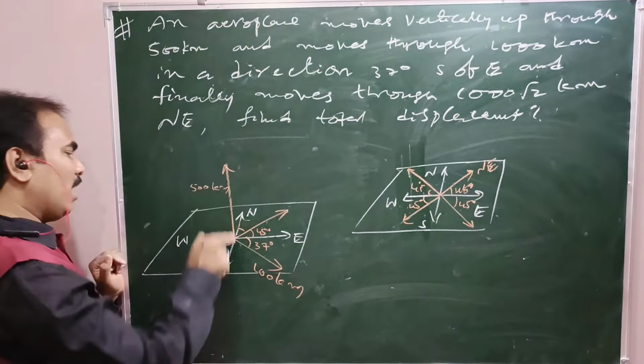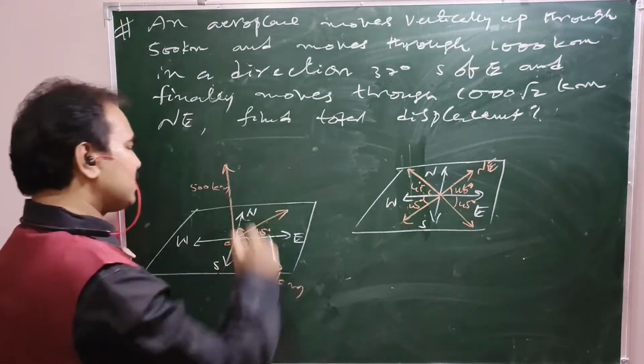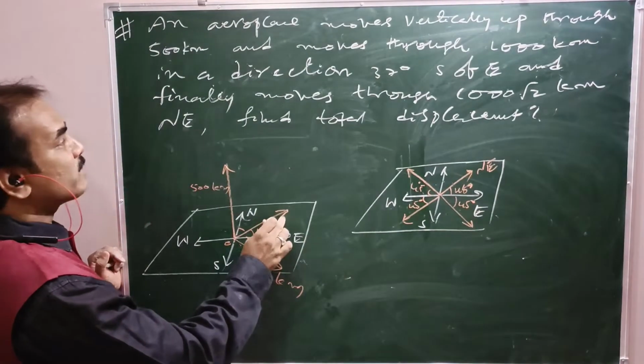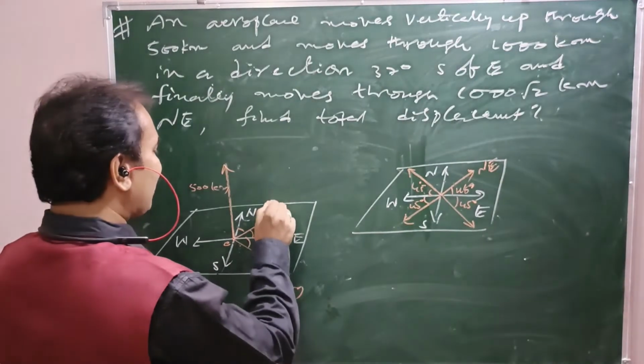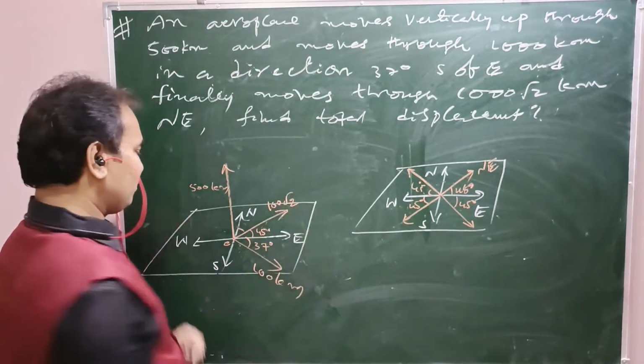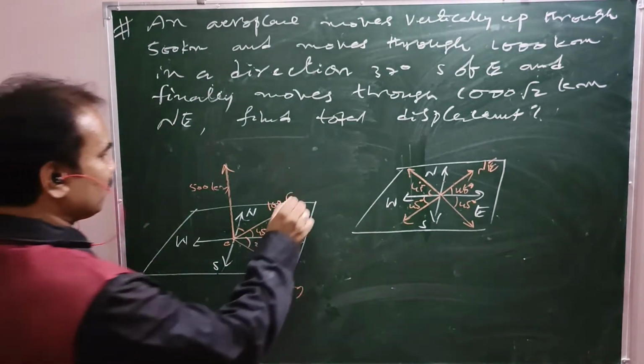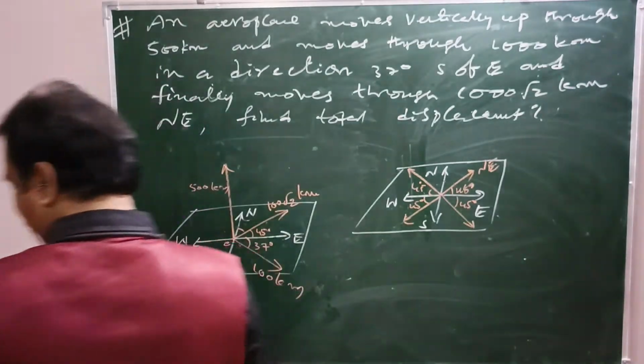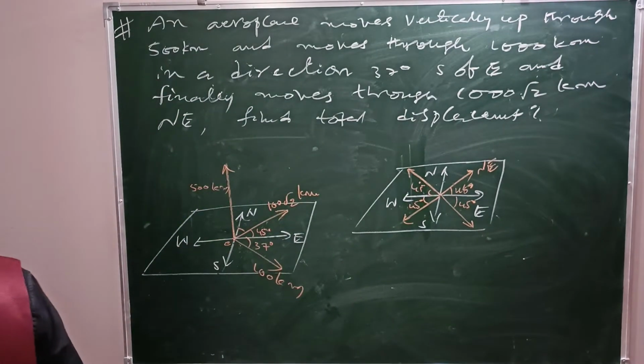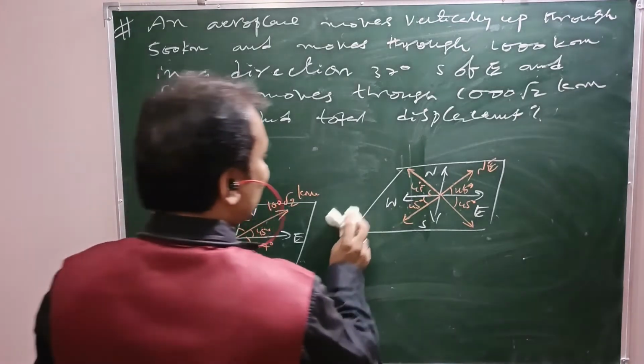So S1 bar, S2 bar, S3 bar. Now what is this displacement? That is 100√2 kilometers. Now add all three to get the final displacement.